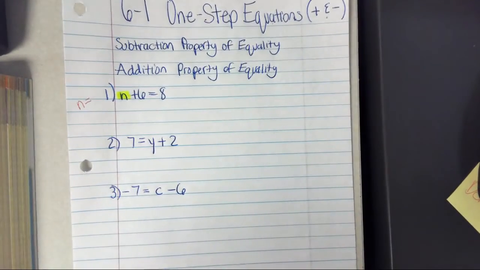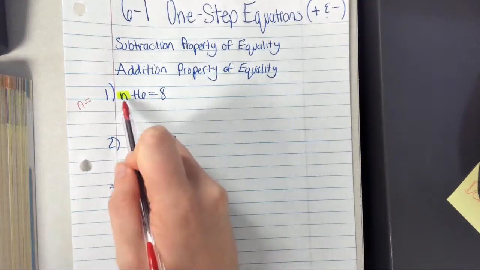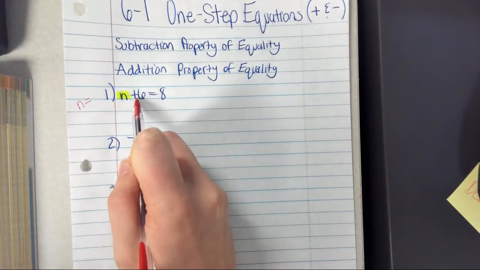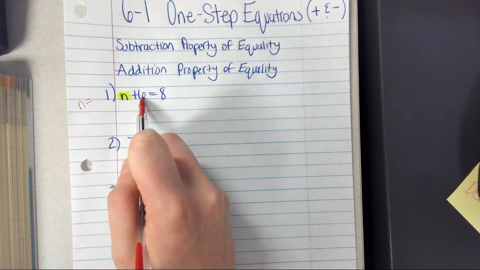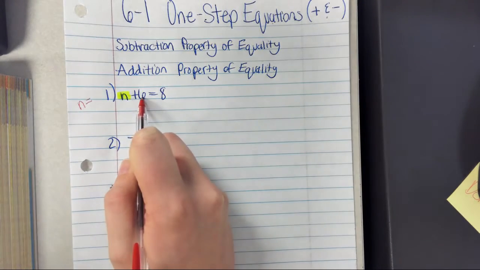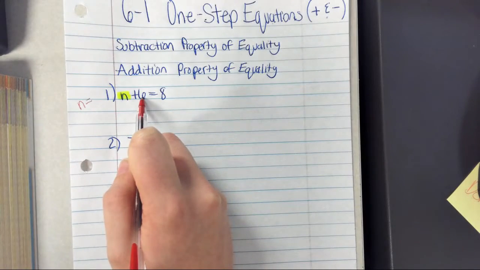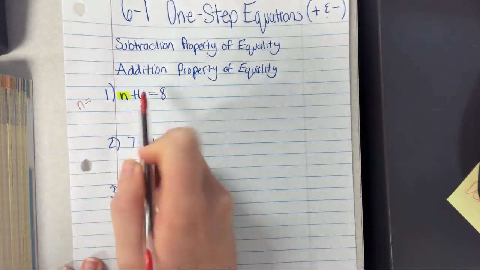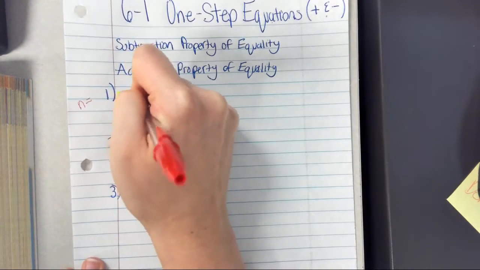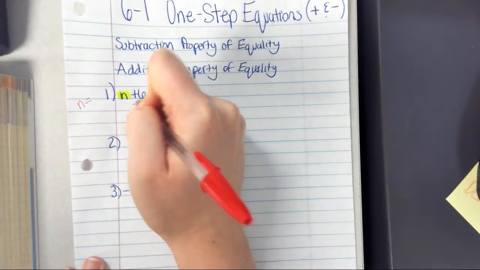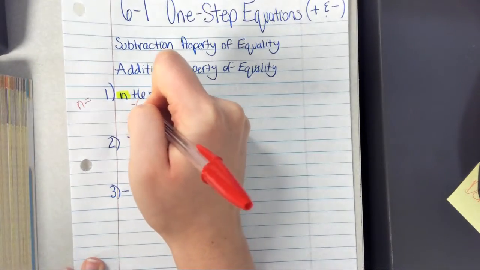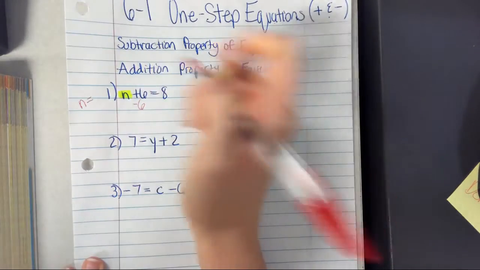So I need that n to be by itself. For n to be by itself on that side, I need to get rid of the plus 6. Well, we can't just take it away. So instead, we have to cancel it out. To cancel it out, I would do minus 6, because a positive 6 and then minus 6 would be 0. So they cancel.